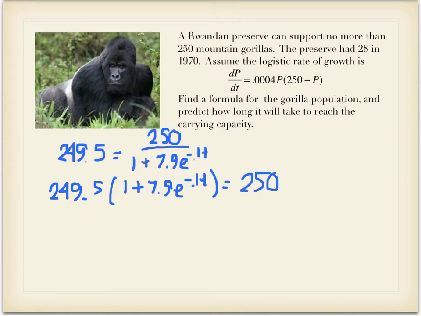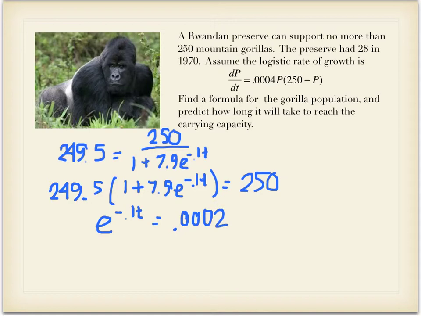I'm going to omit some steps here because it'll take up too much room. Ultimately, after I distribute this 249.5 and do a little subtracting and all that kind of stuff, I'm going to end up with e to the negative 0.1 t equaling about 0.002, and I skipped a bunch of steps in there, but we can figure these out.